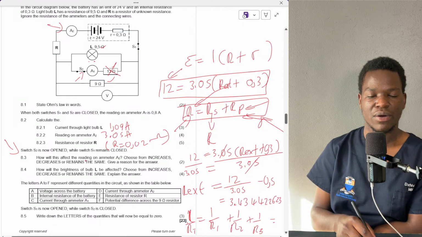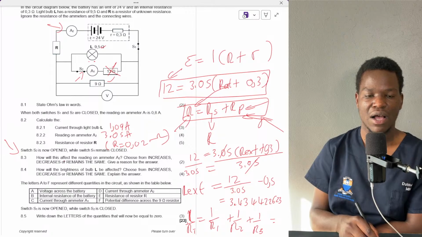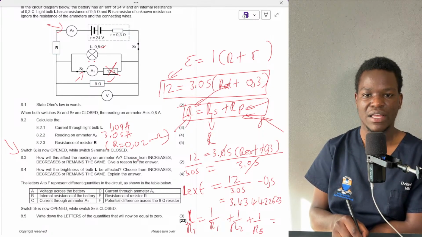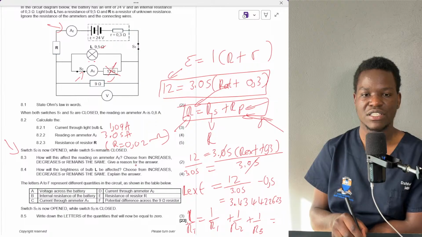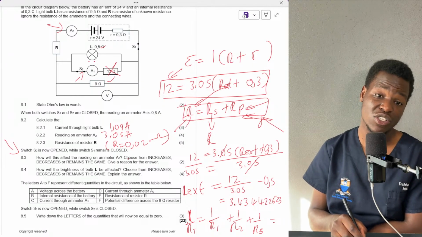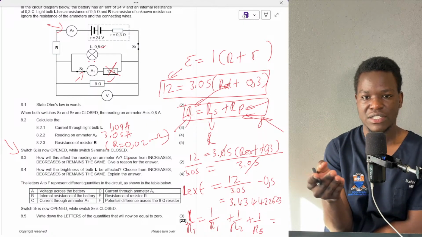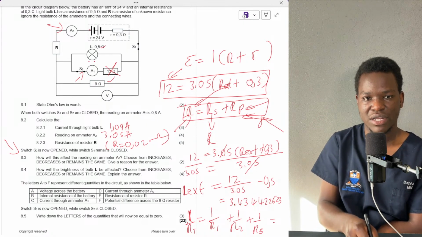So now it says, how will this affect the A2 reading? Choose increase, decrease, or stay the same. Give a reason for your answer. The reason is to say that the ammeter reading is this one.